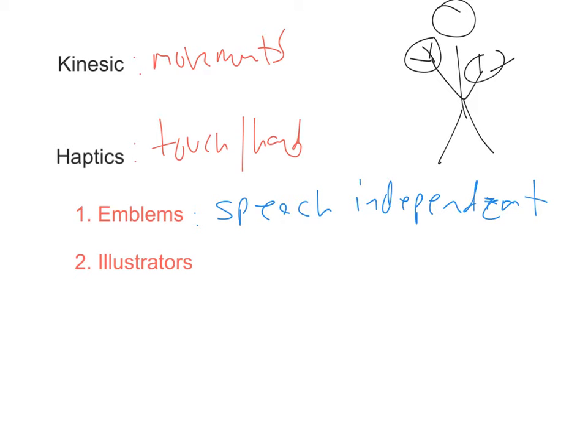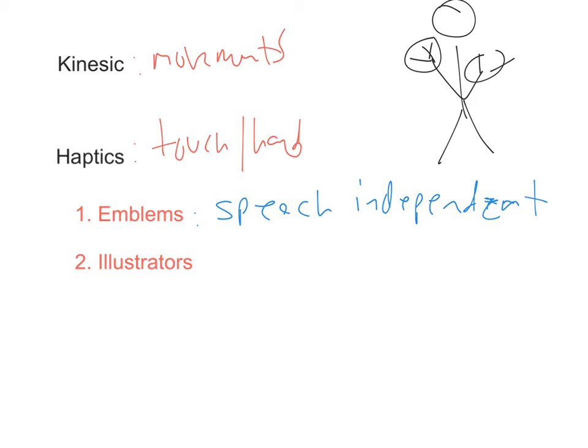The thumbs up or the thumbs down, all of those are emblems, usually for something. They have a direct or literal translation. So waving at somebody, when you request somebody to come here, you usually wave them over. The middle finger, right, usually has a meaning.